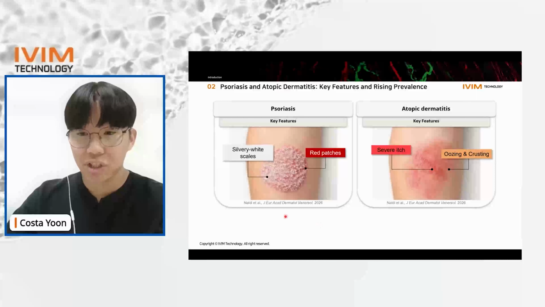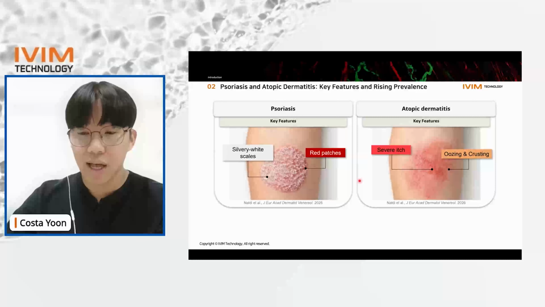So let me briefly introduce the key characteristics of these diseases. Psoriasis is characterized by immune dysregulation and excessive proliferation of keratinocytes. As a result, the skin develops thick, silvery white scales, and uncontrolled inflammation leads to blood vessel dilation and visible erythema.